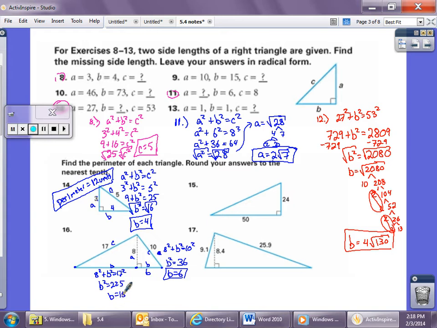B equals 15. So now this is 15. So the perimeter is 17 plus 10 plus 6 plus 15. We don't include that 8 because that's not around the outside. We add up all these, so 17 plus 10 plus 6 plus 15, 48 units.